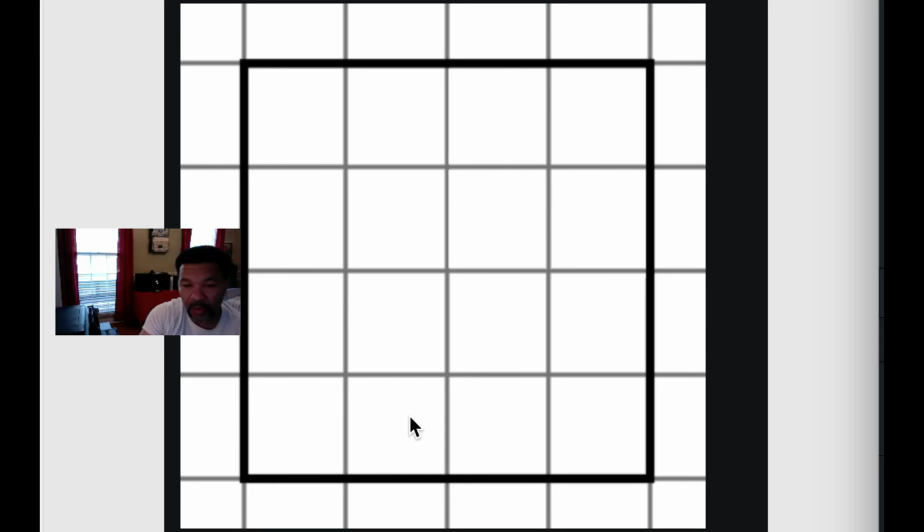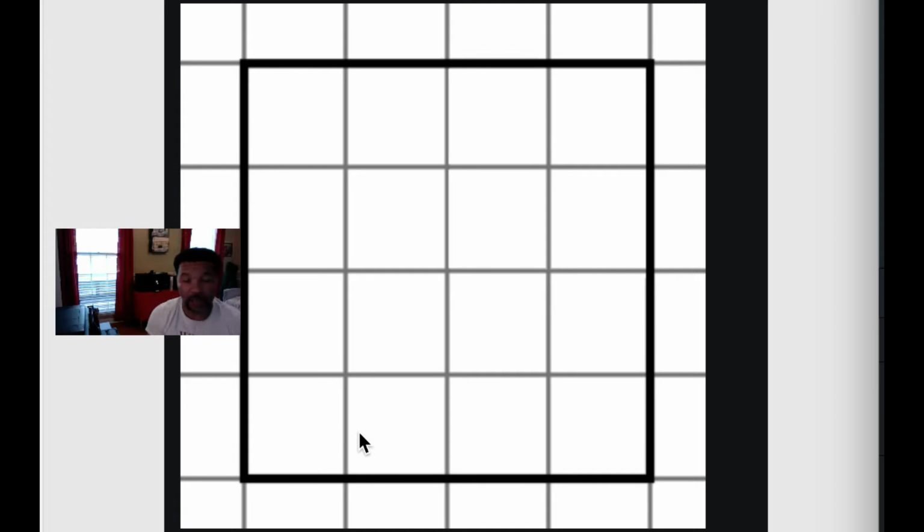These are all individual squares, and we can count each square by 1. 1, 2, 3, 4, 5, 6, 7, 8, 9, 10, 11, 12, 13, 14, 15, 16 squares, all equal in size. All are cut into parts of this whole square. So we cut it into 16 equal parts.